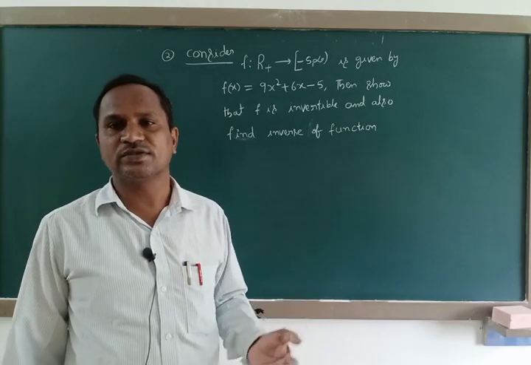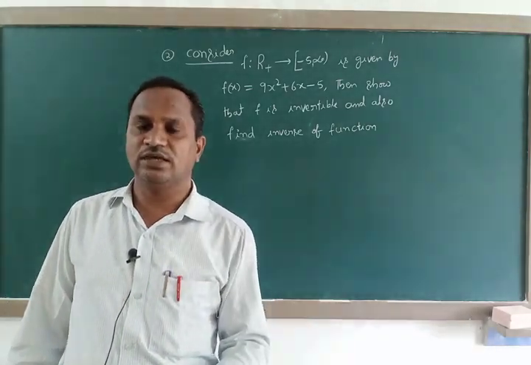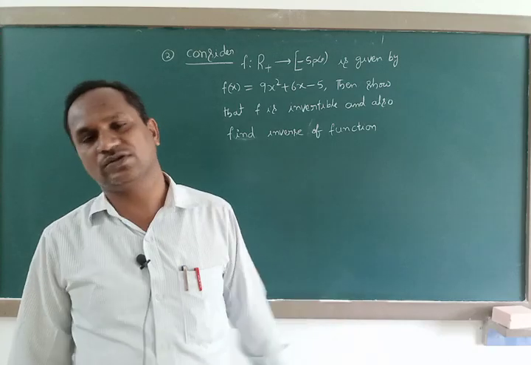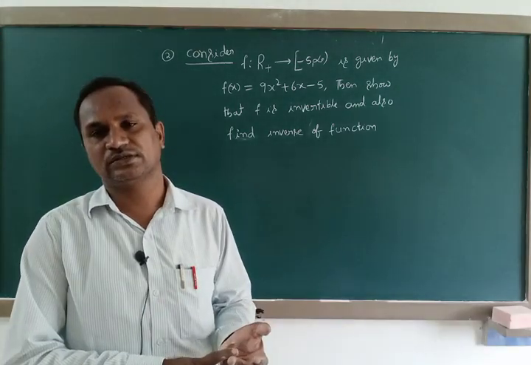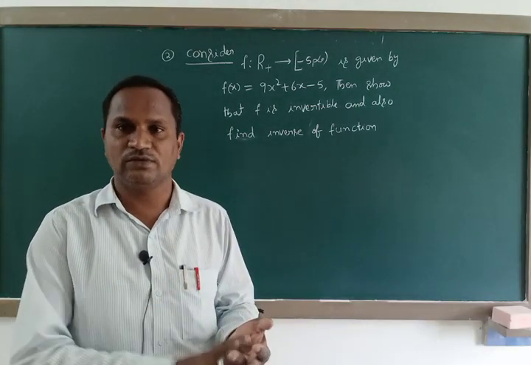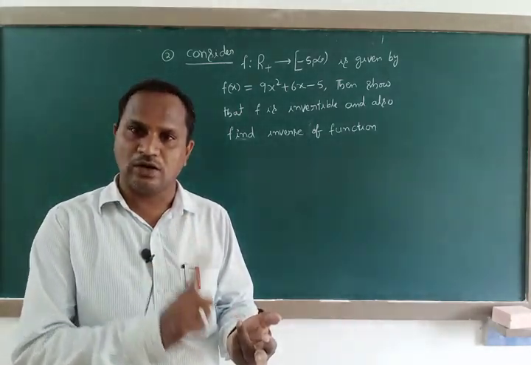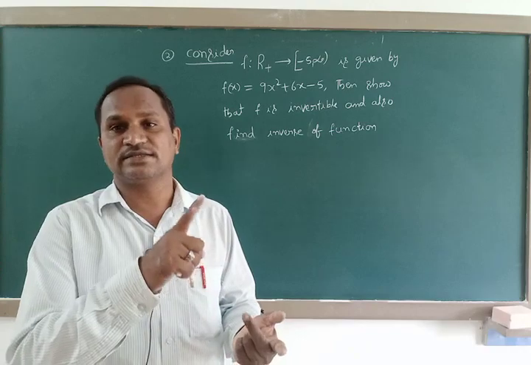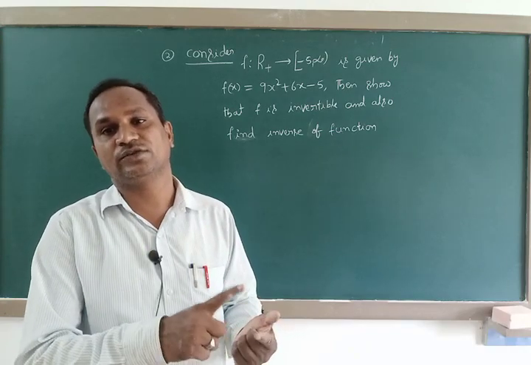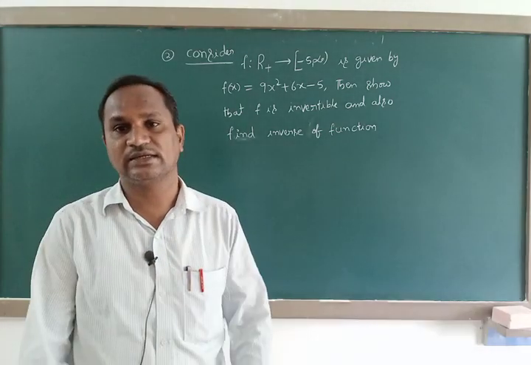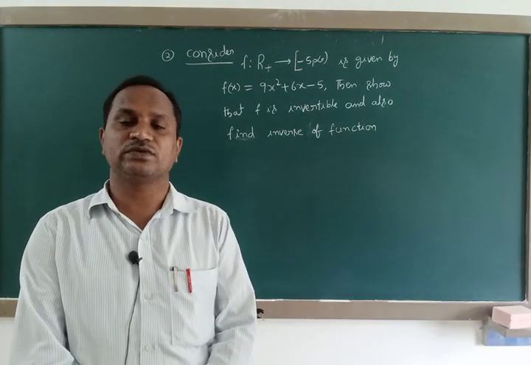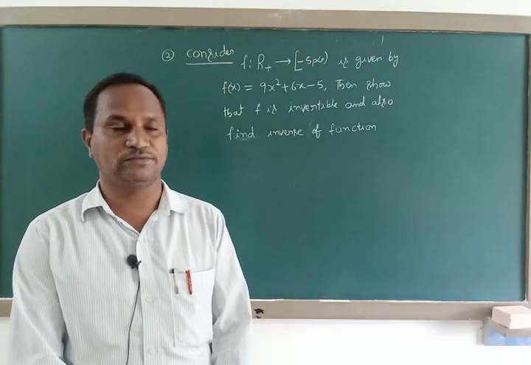In the same way as the previous question, we have to give the solution for this question also. First, we have to give proof for one-one function. Next, second method, proof for onto function, third is verification, and fourth is the inverse function. Like that, in 4 methods, we have to give the solution for this question.